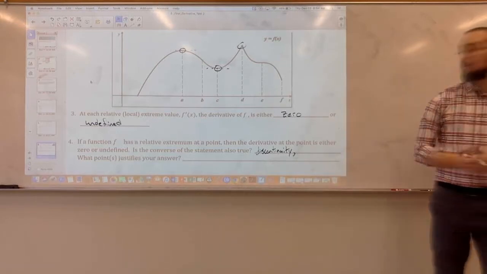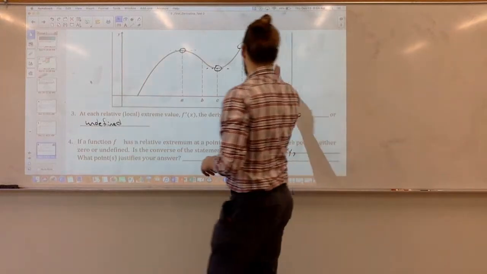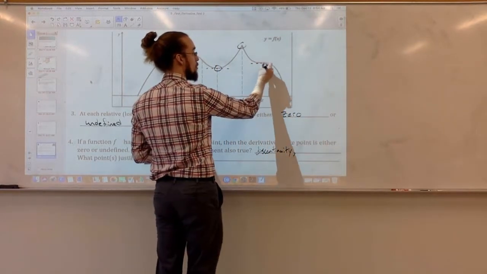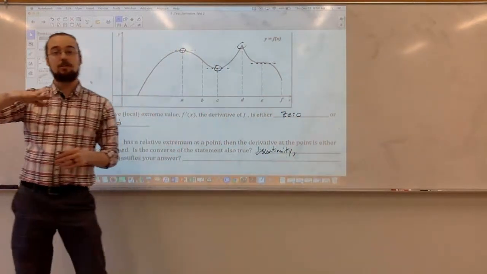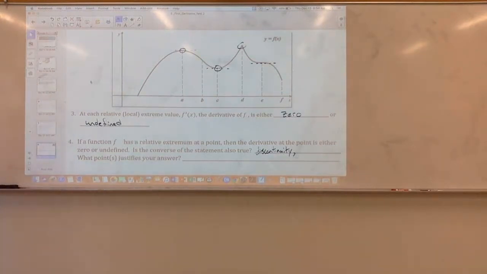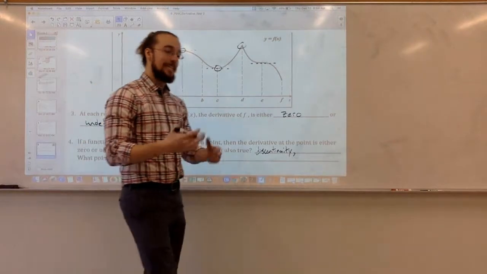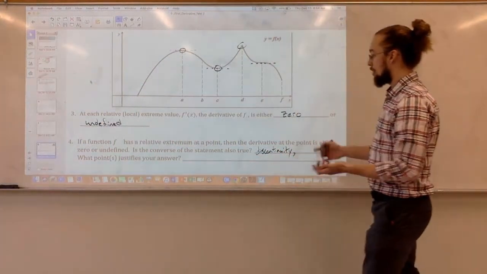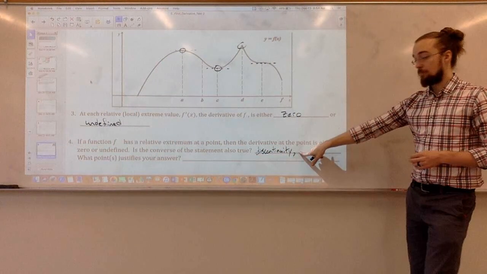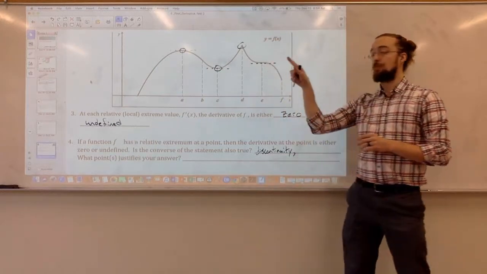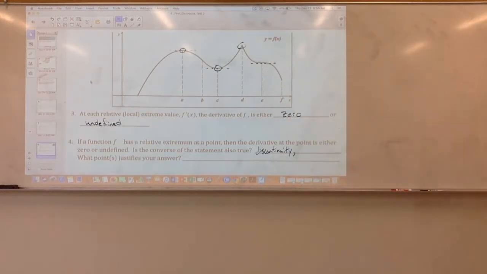How about at E? At E, the derivative would equal 0, right? We would have a horizontal tangent there, but that is not a min or a max. So the converse of this statement isn't true because we could have a discontinuity, or we could have a place where the derivative is equal to 0, but there is no local min or max.